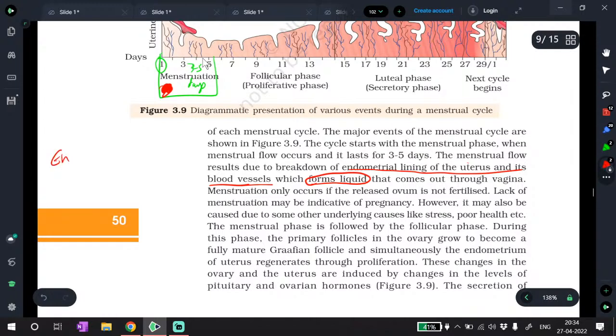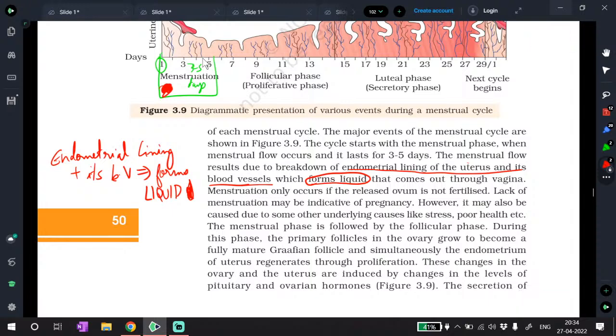The endometrial lining and its blood vessels, which form liquid that comes out through the vagina. Menstruation only occurs if the released ovum is not fertilized. Lack of menstruation may be an indicator of pregnancy, however it may also be due to other things, stress, poor health, etc.